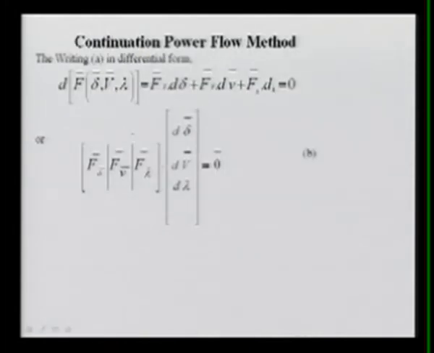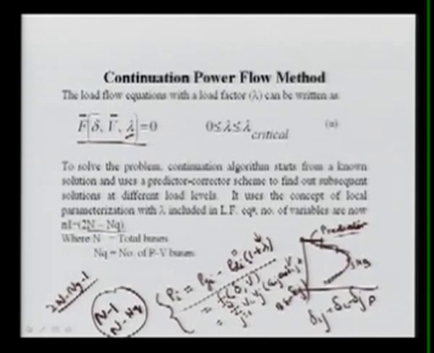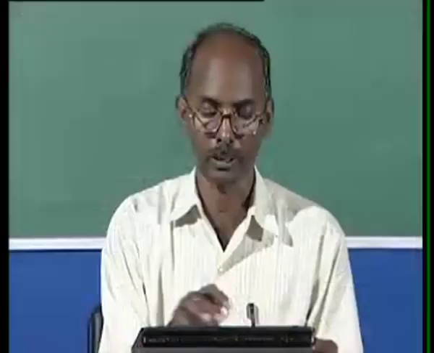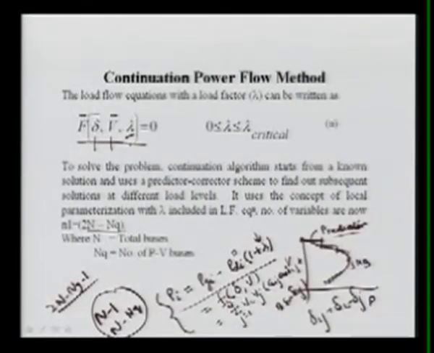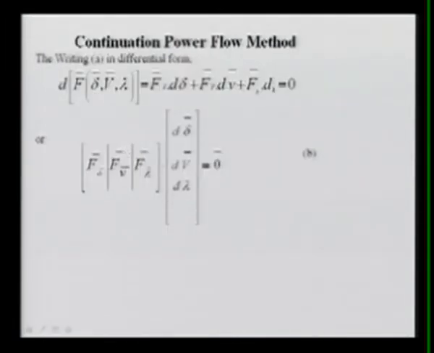Now let us see how we can derive this. If you differentiate the equation I wrote here, we can write it in differential form with reference to delta, voltage and lambda. Here is the Jacobian, multiplied by the change in delta, then the derivative of the function f with respect to voltage multiplied by the change in voltage, and then the derivative with respect to lambda multiplied by the change in lambda.